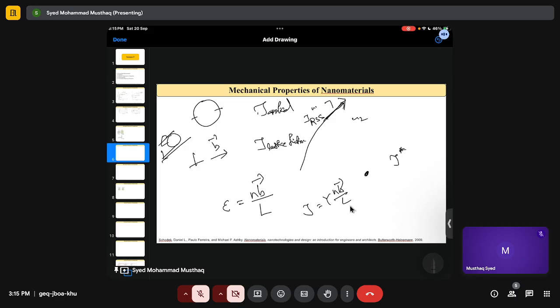For that, the applied stress minus the friction should be equal to tau star. That is one relation. This is the applied or resolved shear stress. This is another relation, and from this you can derive. I already derived this. This is just to make sure that you know how the dislocations are moving from one grain to another grain. That is the mechanism of it.